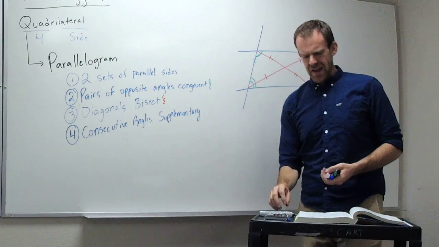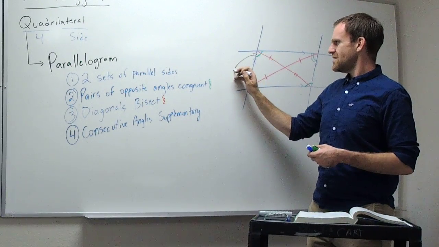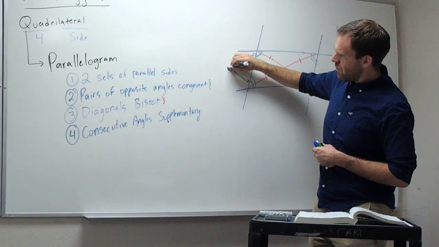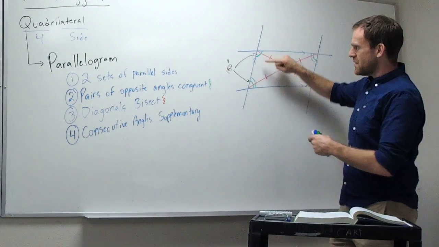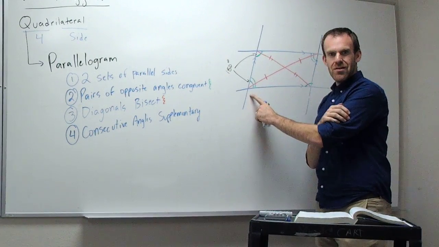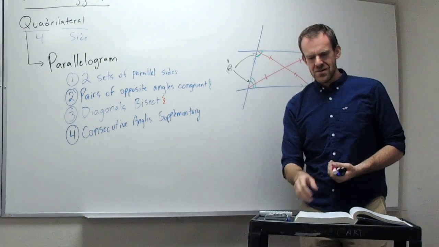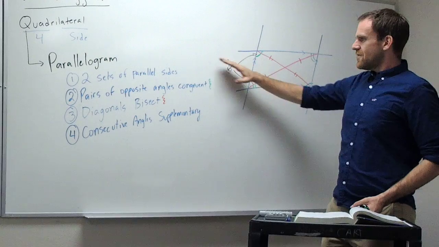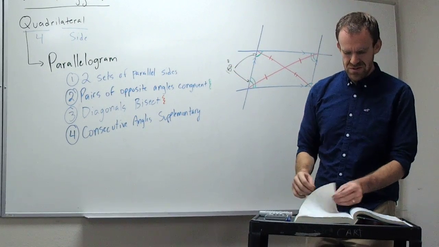Finally, consecutive angles are supplementary, means that this angle plus this angle add up to 180 degrees. Does that make sense? Of course it does, because this angle is the same as that one. And both of those add up to 180 degrees. So you should know these four properties of a parallelogram when looking at your proofs problems.